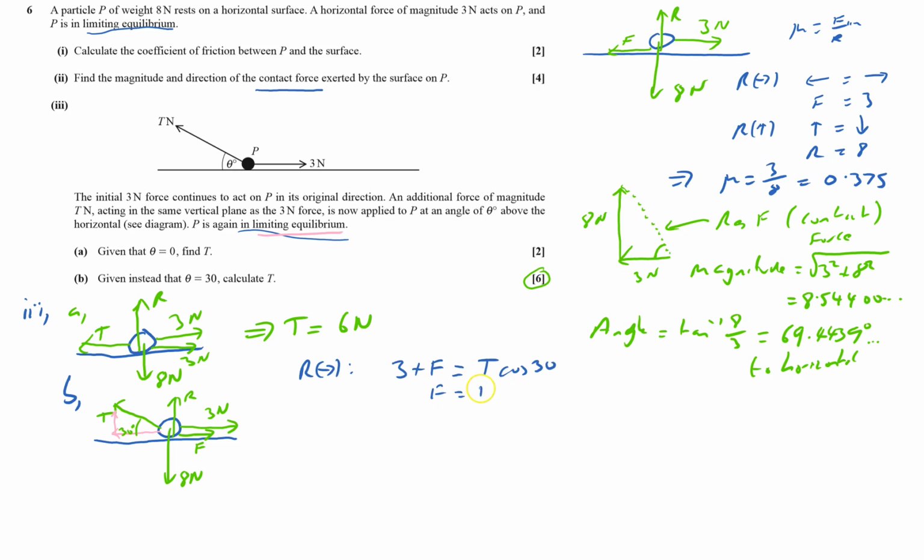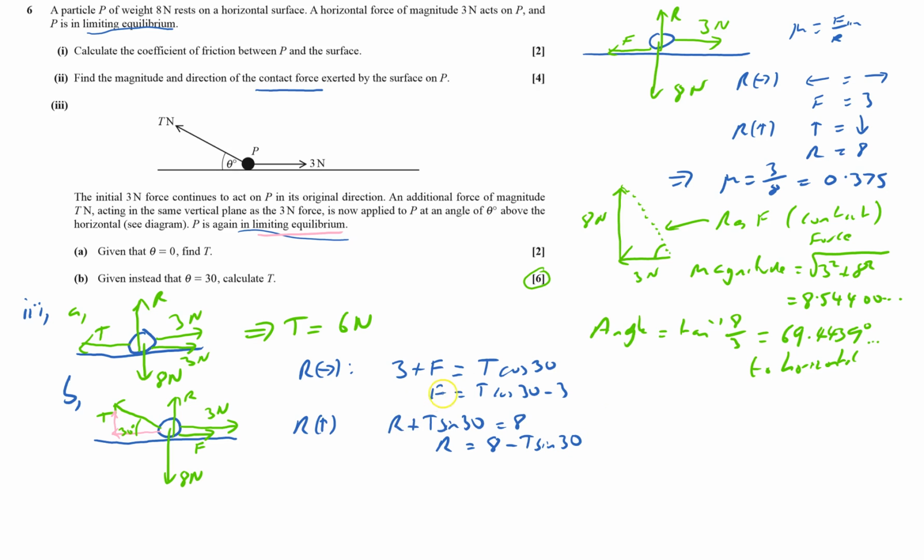Therefore F equals T cos 30 minus 3. Going to resolve vertically, I'm going to get R plus this component here, which will be T sine 30. Nothing else going upwards, so that will equal 8. So R will equal 8 minus T sine 30.